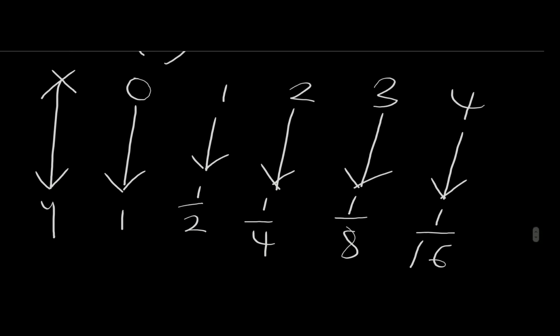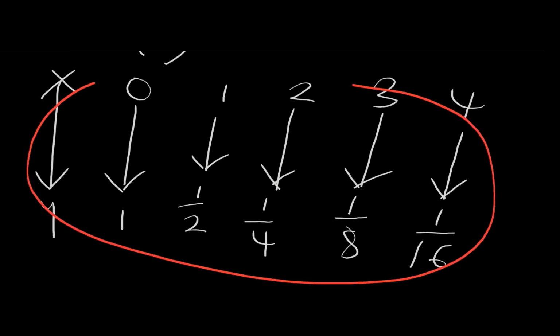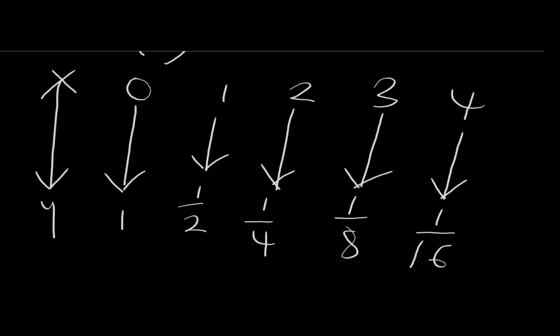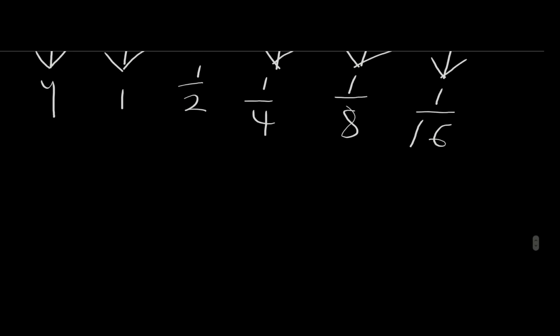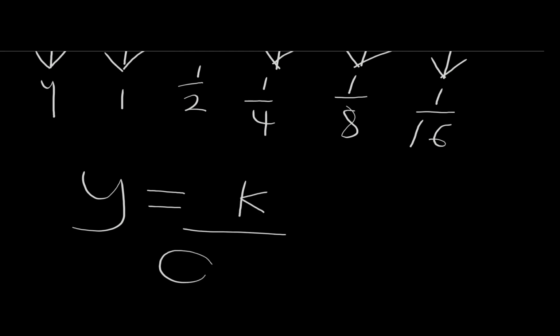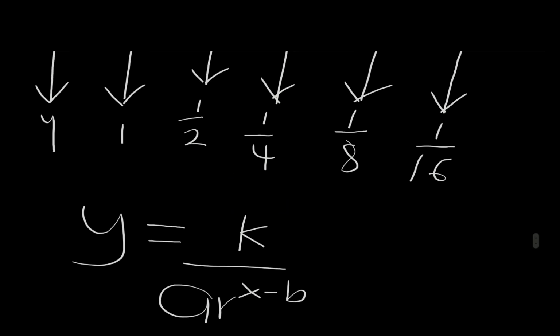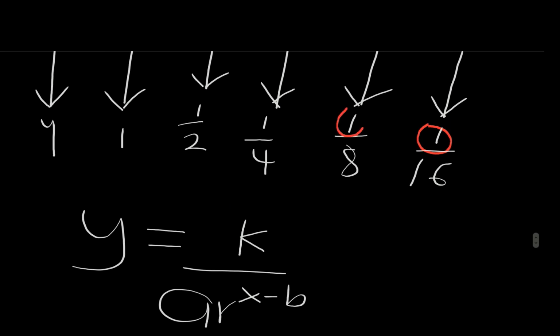Now that we have established that this mapping is an exponential reciprocal mapping, it will follow the rule y is equal to k over a r exponent x minus b, where this k here is the constant numerator in the codomain.